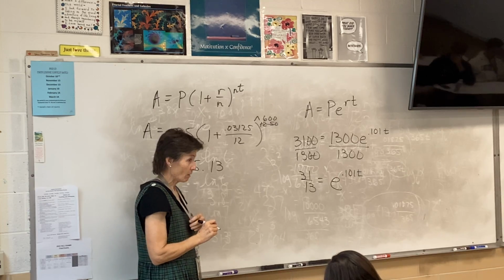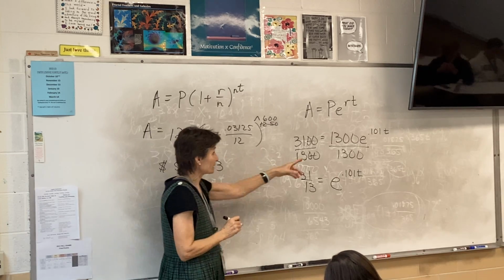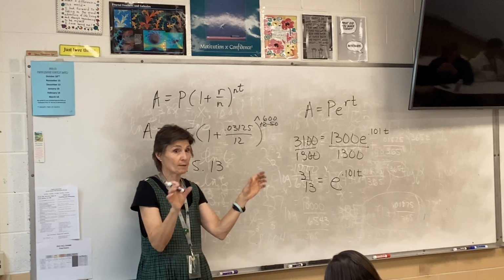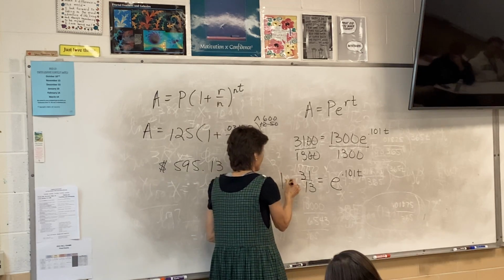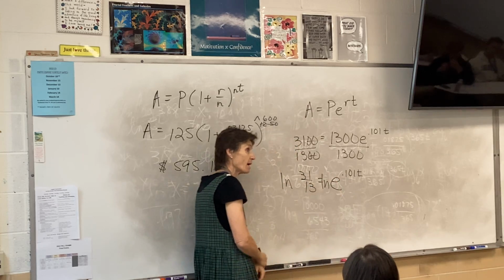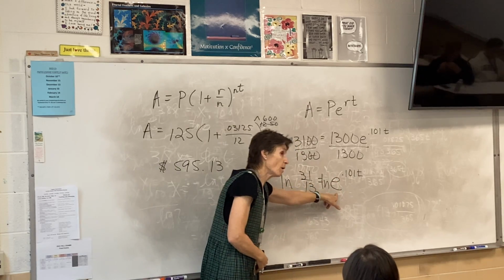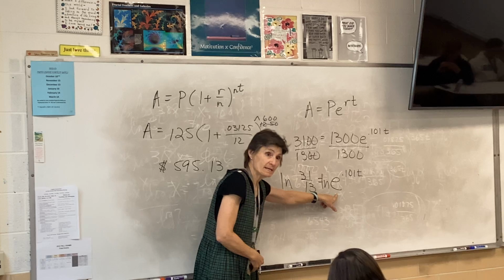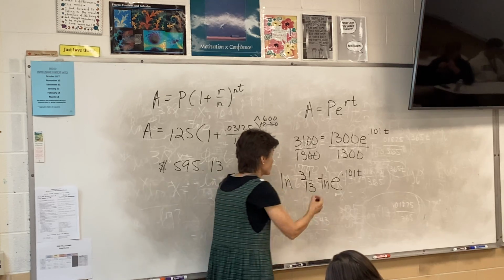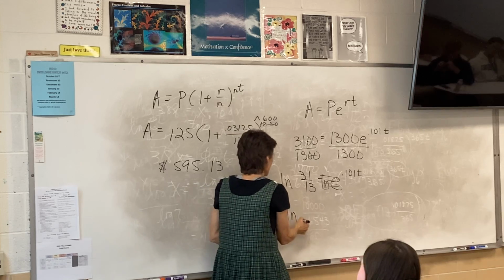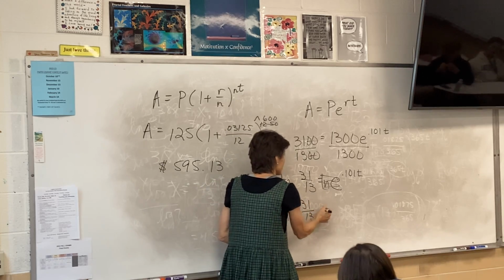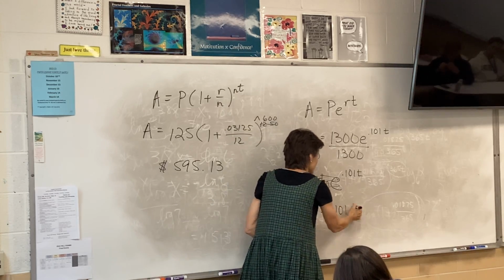LN, both sides. Now, you could do exactly what I did earlier. You could LOG both sides. It'll work out fine. But it'll be a whole lot easier if we LN both sides, since this problem has an E, because those will cancel. And we get LN 31/13 equal to 0.101T.